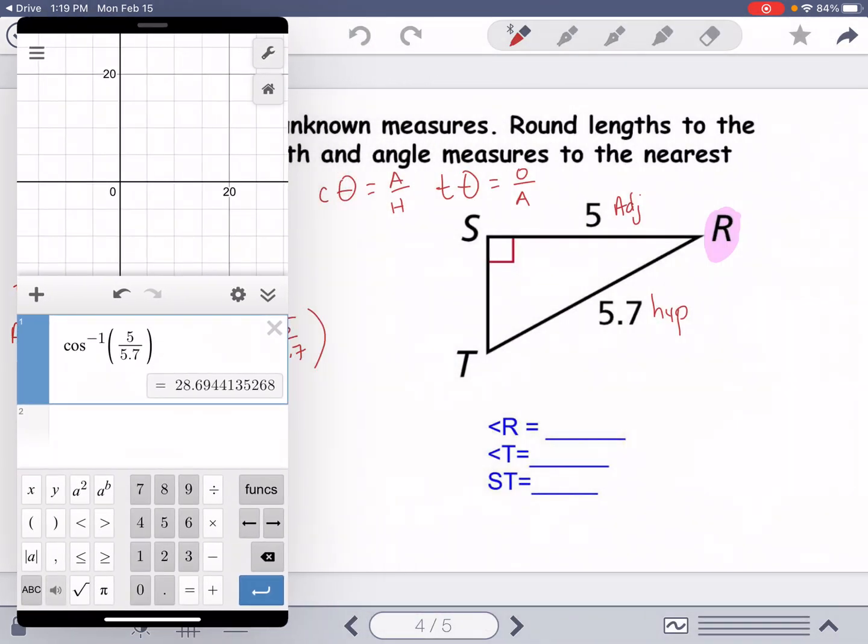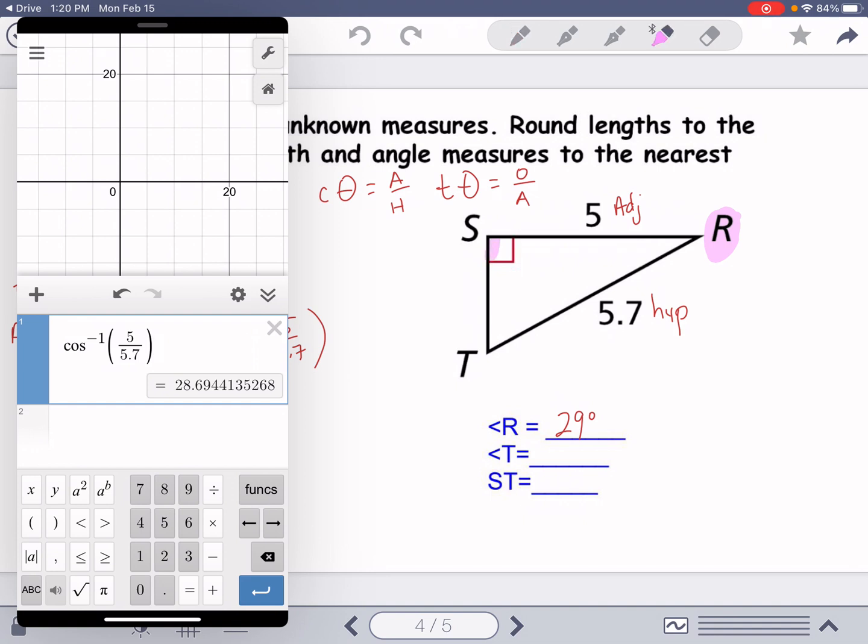All right. So how am I going to find the measure of angle t? Well, I could use some handy trig in one of these functions and set up my problem again, but I'm going to use something that's probably a little bit easier.